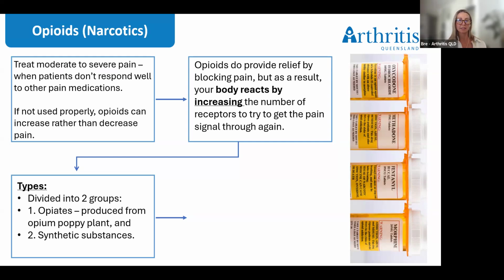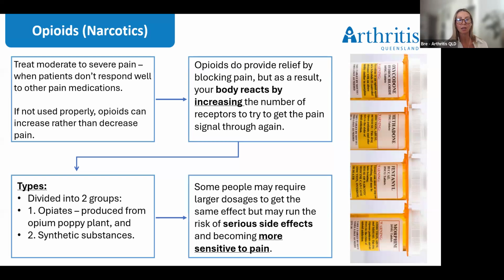And these medicines can obviously be taken in many different ways, such as tablets or pill forms. It can be done via injection or even patches on the skin. So some people who have been taking opioid medication for long periods of time may require larger doses to get that same effect, but may also run the risk of some serious side effects and becoming more sensitive to pain.